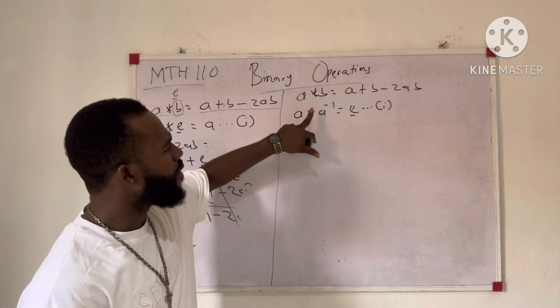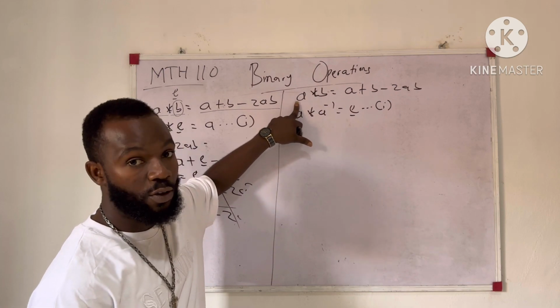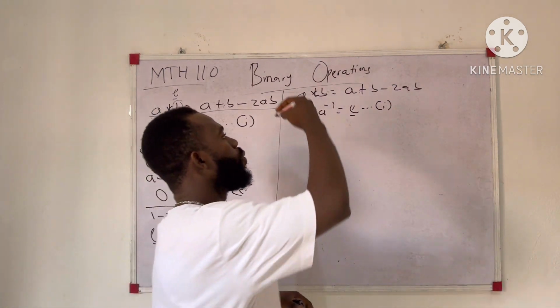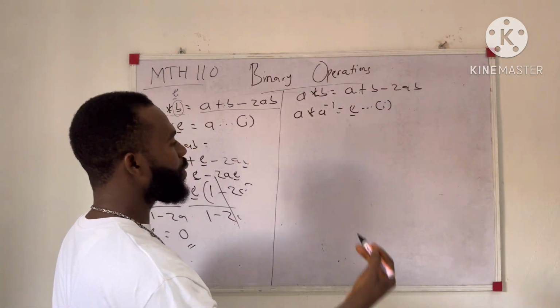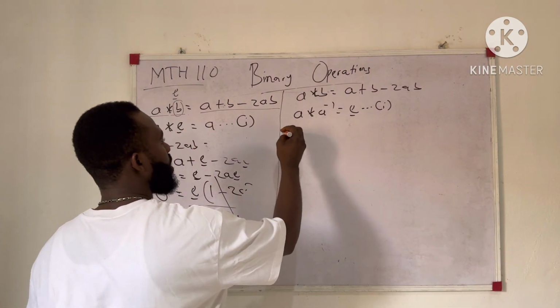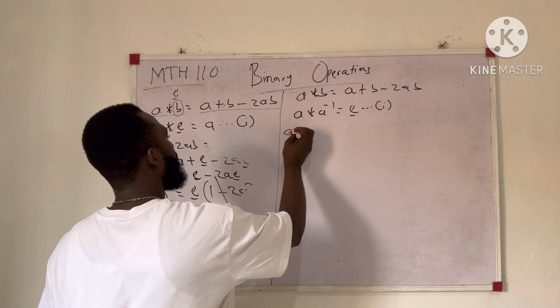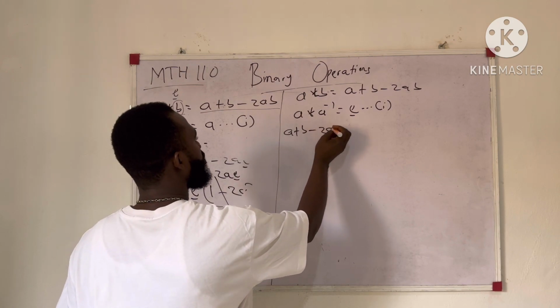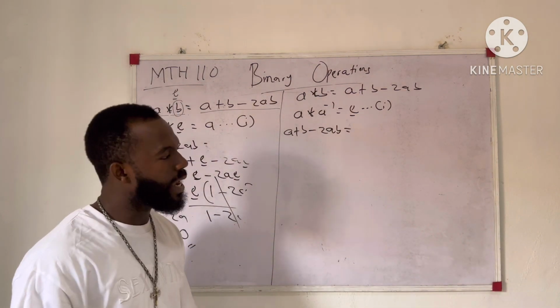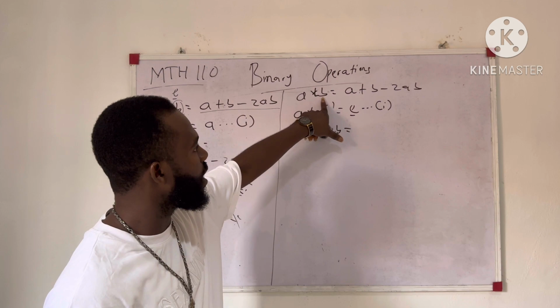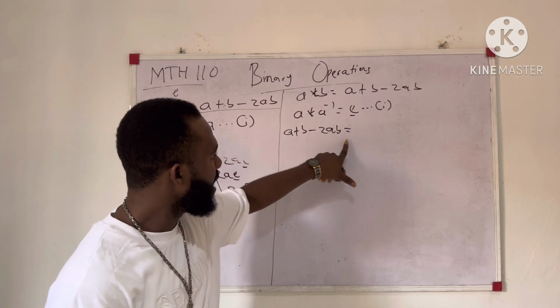Now that we have gotten equation 1 with the left hand side of the equation, what do we do to get equation 2? We use the right hand side of the equation. So let's bring down the right hand side, which says A plus B minus 2AB. Don't forget that we have substituted A inverse for B. So wherever we have B, we substitute A inverse.